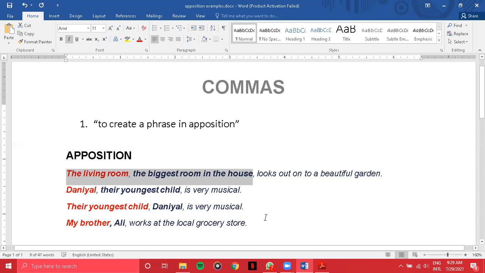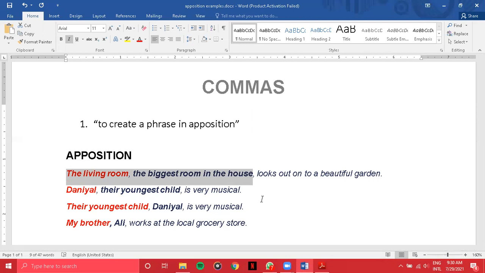This scenario, this requirement that must happen for this comma to be used, is basically called apposition. Do you understand what I'm saying? This scenario when there are two noun phrases right next to each other would be called apposition. For example, in this sentence, you will say that this part is the apposition found in this sentence. Do you understand now? I do understand, but I have another question.